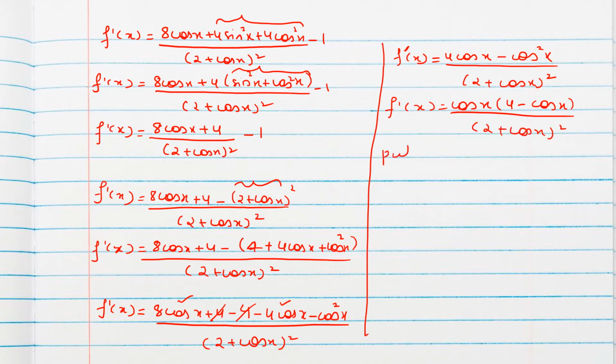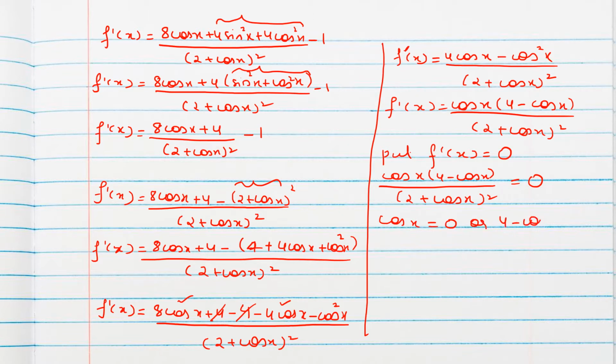Now we'll put f dash of x equal to 0. So cos x times (4 minus cos x) divided by (2 + cos x) whole square equals 0. The denominator will go, so cos x equals 0 or 4 minus cos x equals 0. So cos x equals 0 or cos x equals 4.